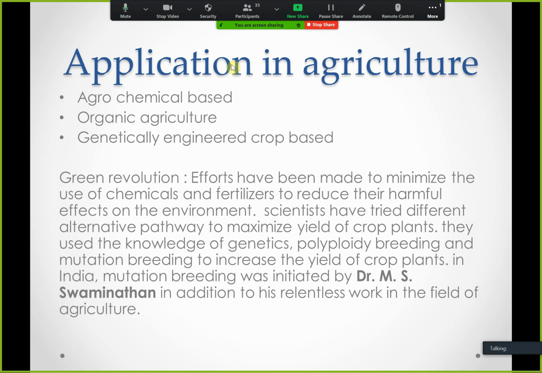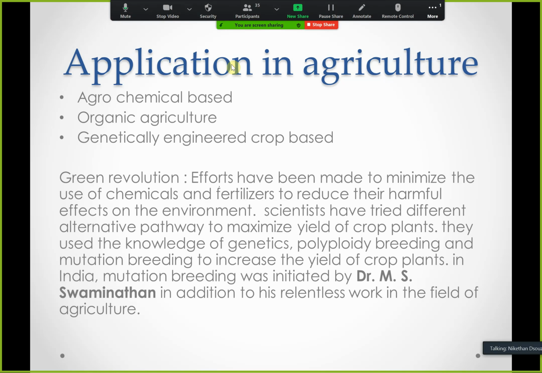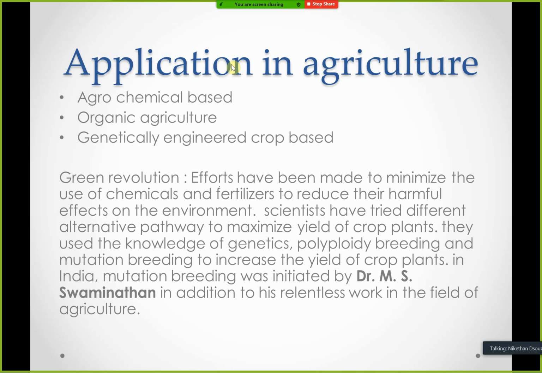Here, Dr. M.S. Swaminathan, as you know, is the father of the Green Revolution in India. His main aim was that India has a huge population and only a few fields to grow crops and feed the population.